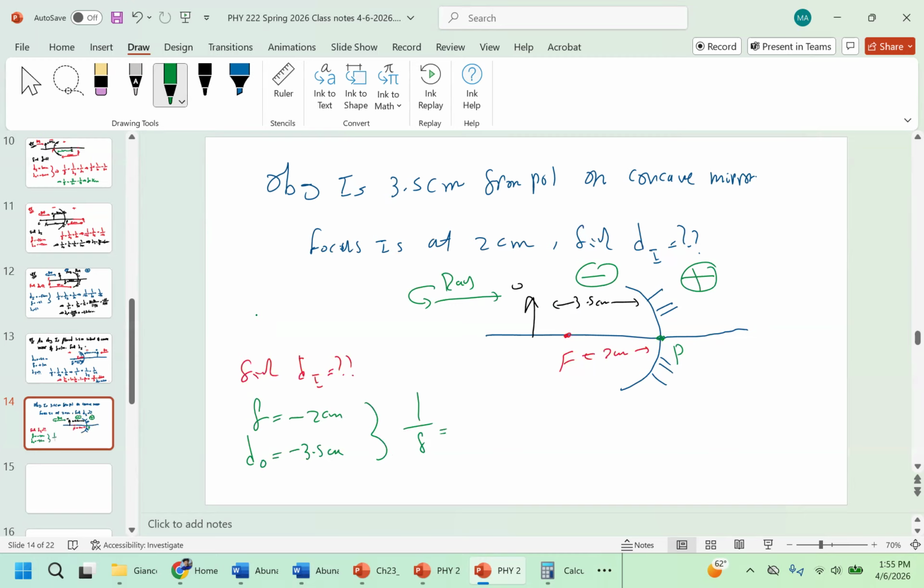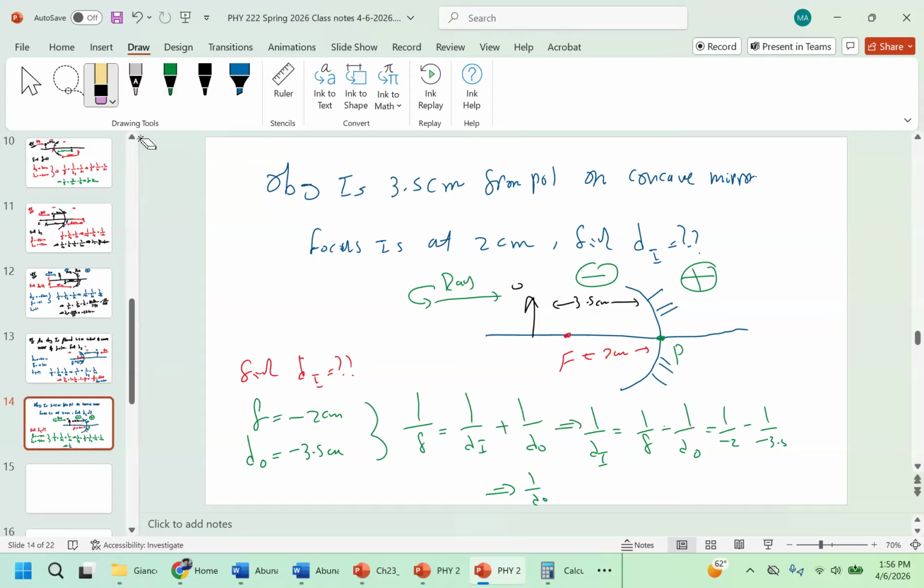From these two, 1 over F equals 1 over D of I plus 1 over D of O, which means 1 over D of I equals 1 over F minus 1 over D of O, which in this case is minus 1 over 2 minus minus 1 over 3.5.